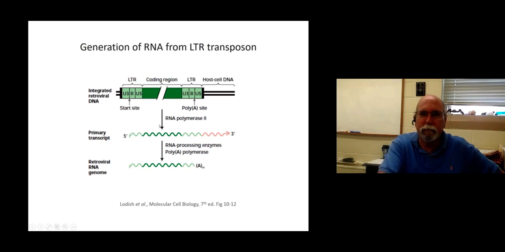Now they are pretty interesting. What's going to happen is you're going to have a start site. You're going to have a copy of that, so you're going to have transcription going on, and there's even a polyA site. These guys can persist, so you have a 5' end and a 3' end.